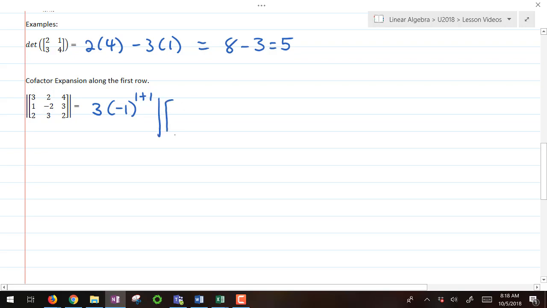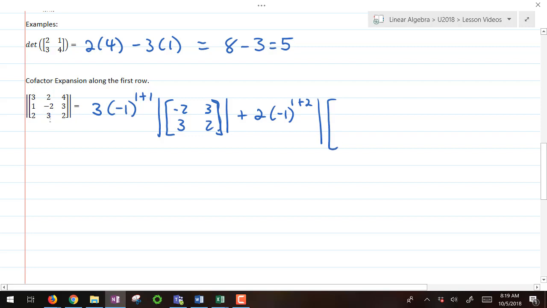The minor is, since I'm eliminating the first row and the first column, minus 2 and 3, and 3 and 2. Plus 2, the second entry in the first row, times minus 1 to the 1 plus 2 times the determinant of the minor there.